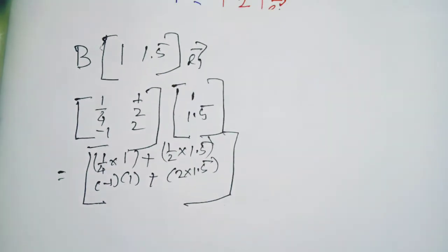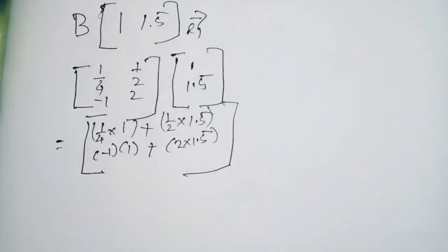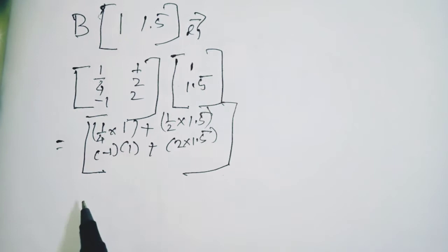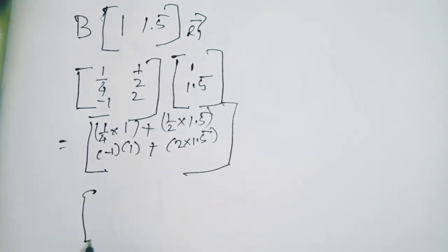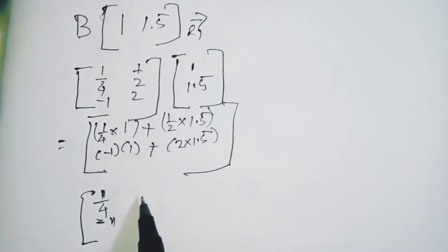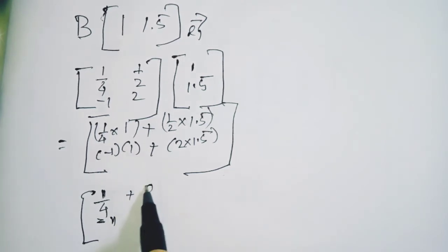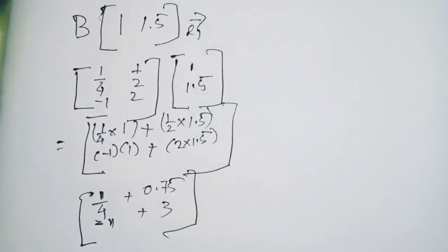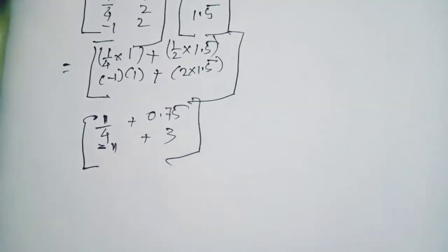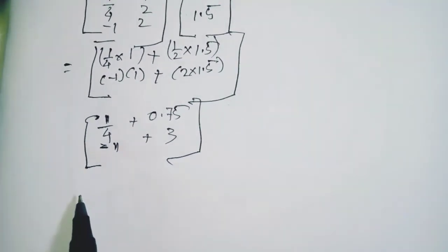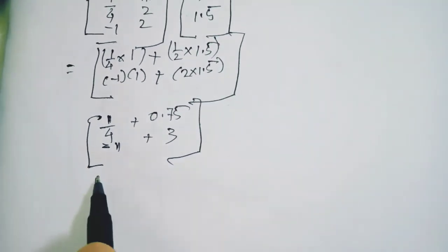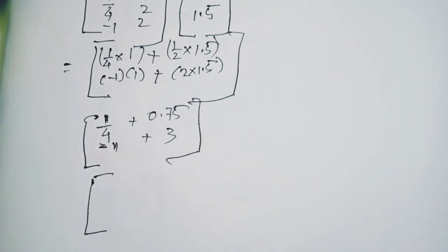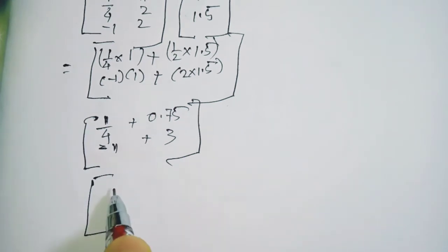What we are doing is just multiplying and adding the two matrices. This is 2 by 2. So from here we get 1/4, right, and -1. If we solve this part, we get 0.75 plus 3. Further solving, if you do the calculations, what you get is this one. I will write it in red, 1 and 2.